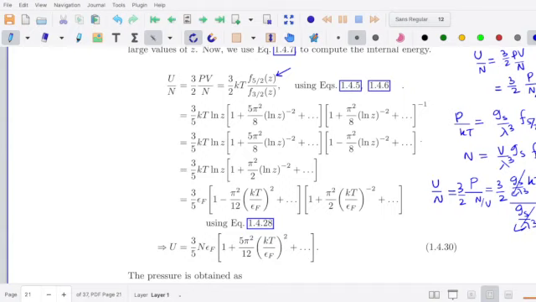So now we can take the product of these two series and keep only the first order terms in logarithm of z to the power -2. Higher order terms can be neglected. So when we do that, I will have the first term coming from this multiplying that, but that is 1.